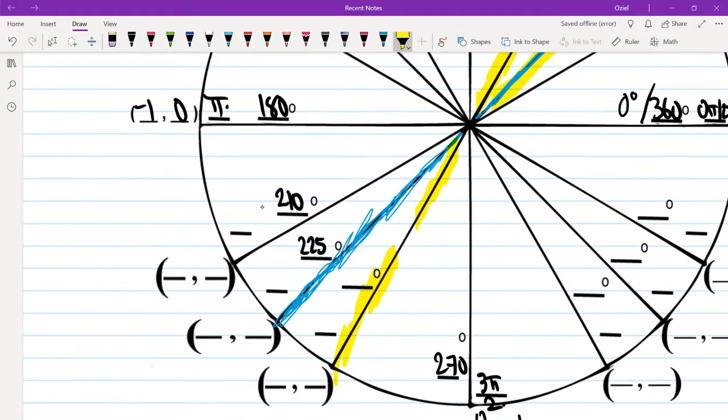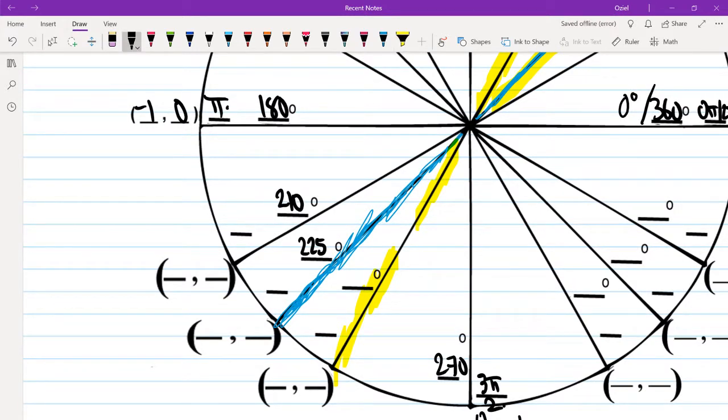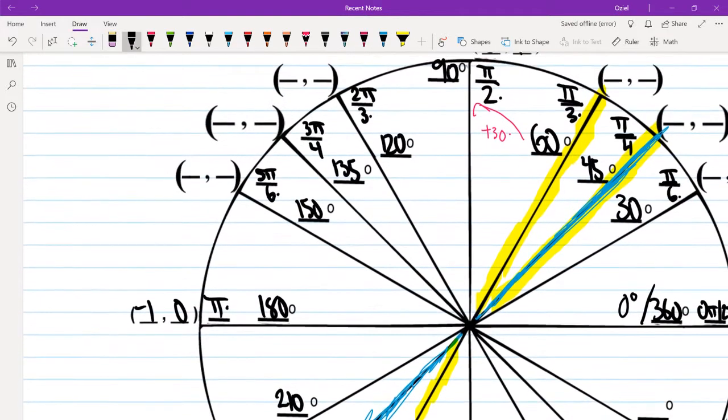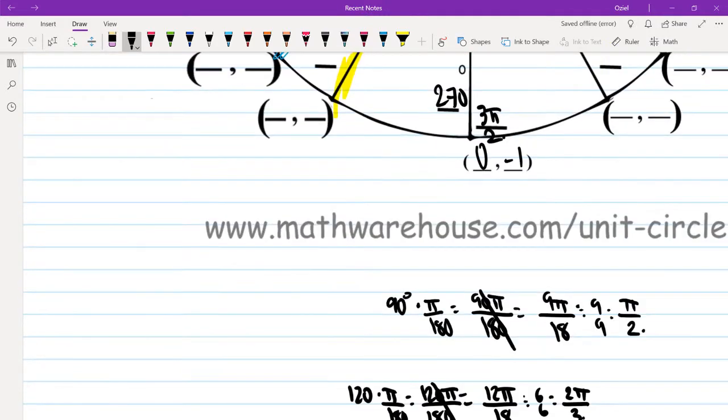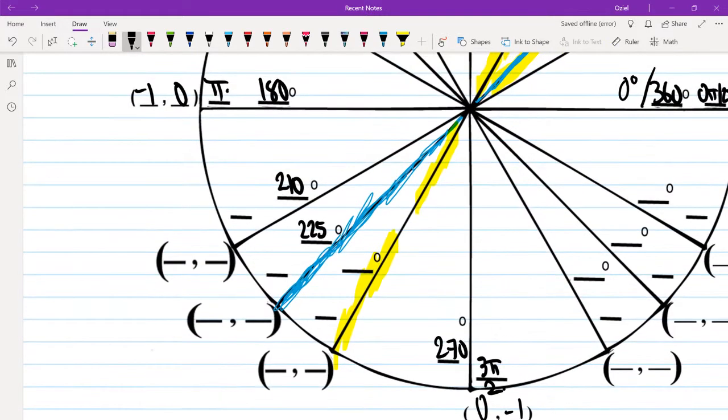So then you have 60 plus 180, and that's going to be 240.